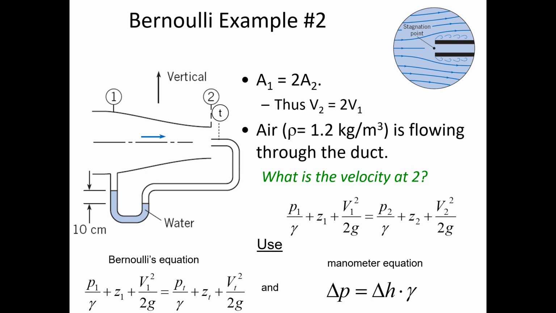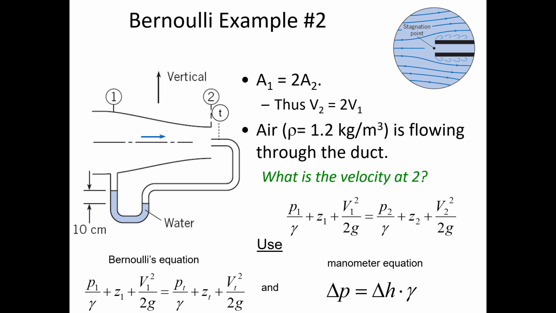So think about what was happening. At 1, there's more pressure and less velocity. At 2, there's more velocity and less pressure. But then at T, there's no velocity because the wind just stops at that open stagnation tube. So all of the energy that existed as velocity is now tied up as extra pressure.